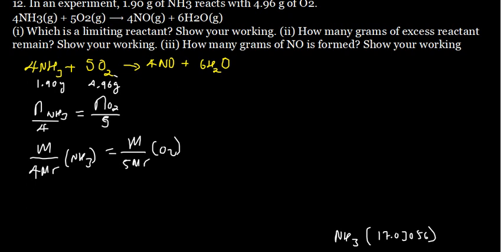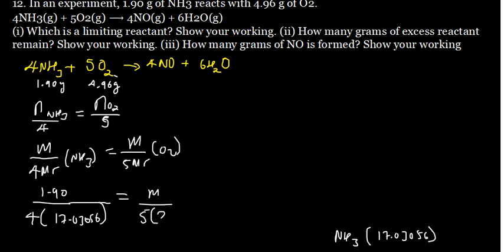So now we are going to use the mass of ammonia that is present, that is 1.90, divided by 4 times the molar mass of ammonia, that is 17.03056. This is supposed to be equal to the mass of oxygen that is supposed to react, so I'm going to say mass over 5 times the molar mass of oxygen. We have 2 atoms of oxygen, and each oxygen has a molar mass of 15.9994.